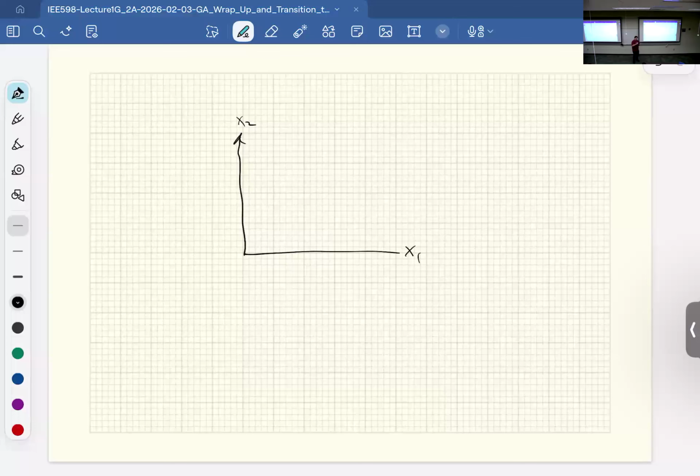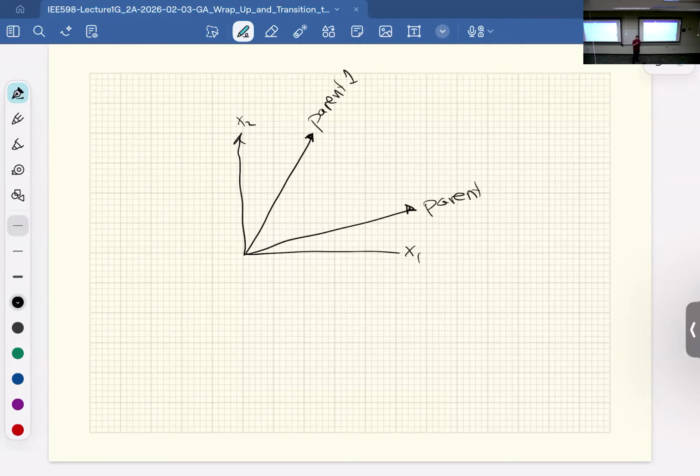If I have one parent here and another parent here, so this is parent one, and this is parent two, then if I combine the offspring together, I can get any vector in between these two. And so this might be alpha equal to 0.75, and this might be alpha equal to 0.25.